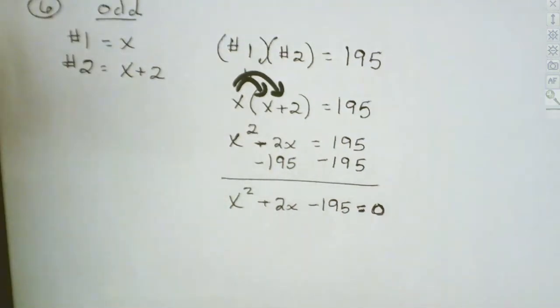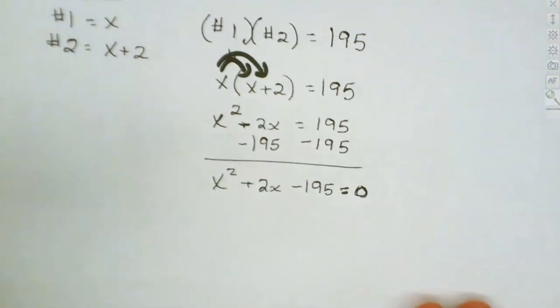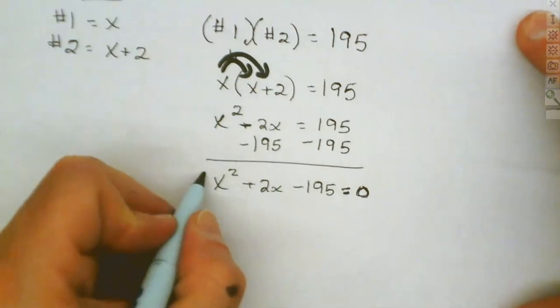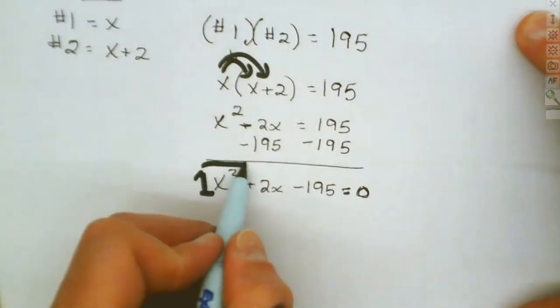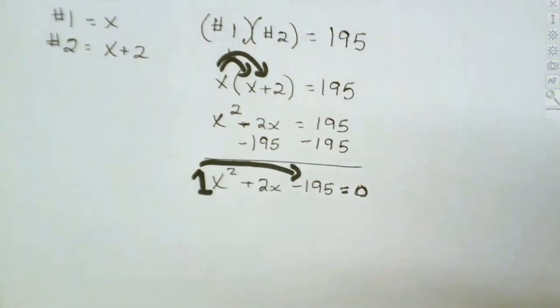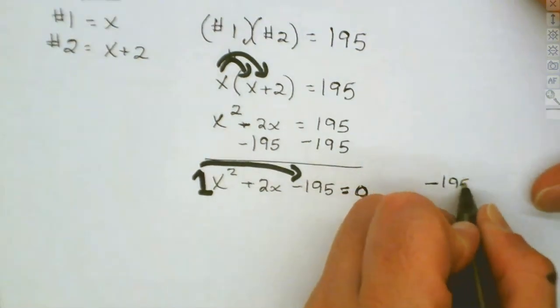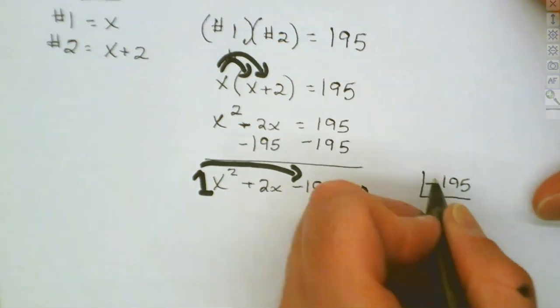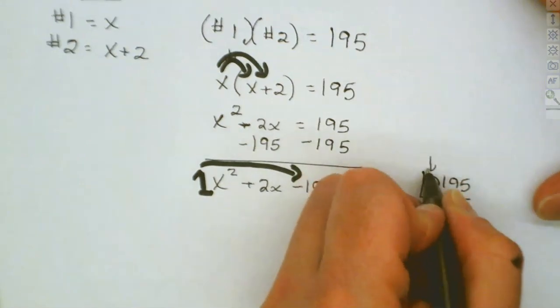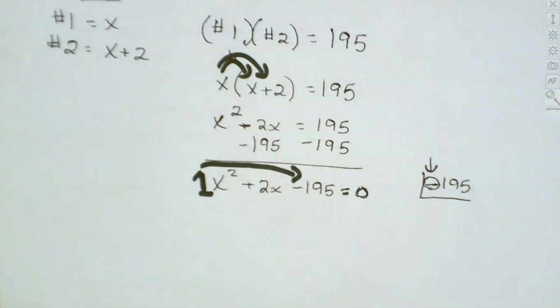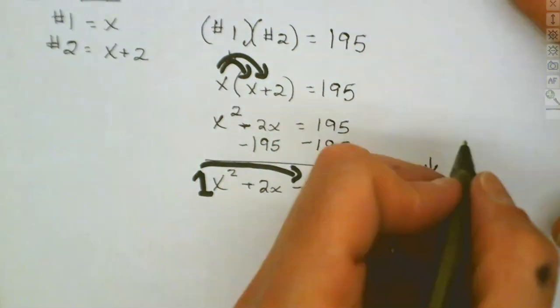So we use what? 0 factor. You shouldn't have to use grouping at all. You take the first number times the last. That's going to be a minus 195. It's negative, so what do we know? Are they different signs or are they the same? If it's negative, they're going to be different signs. So that means one number's positive, one number's negative.